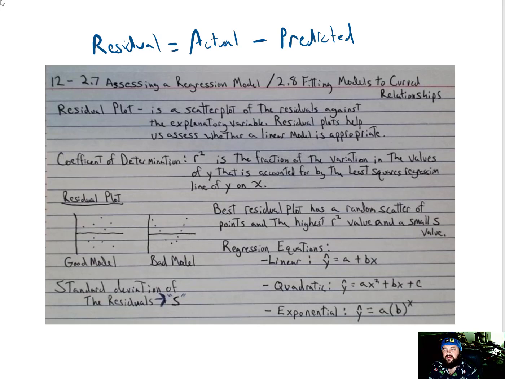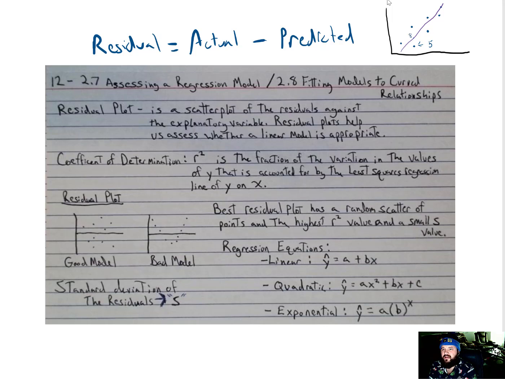So when you have residual being actual minus predicted, say the actual value is 5, but the predicted is what is predicted by the least squares regression line. In this case, the purple line here, the equation for that gives us the value right here on that line, which is 8.